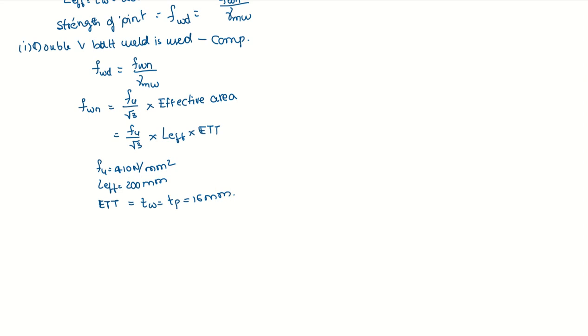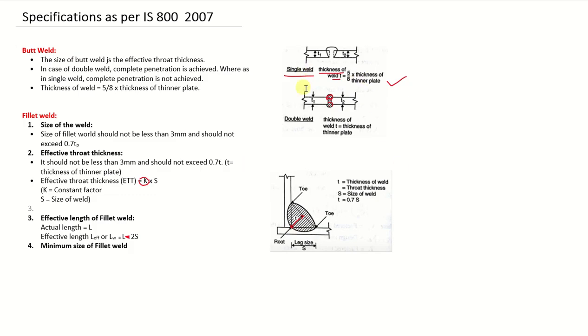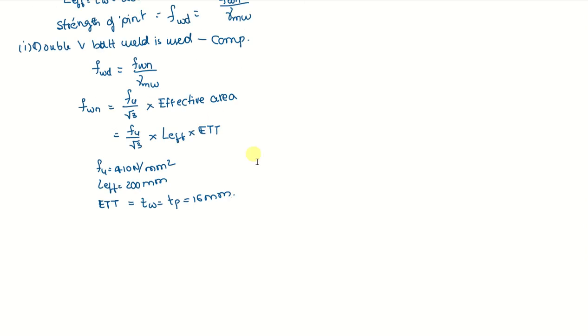I will show you the specifications. Here it is a single weld. The throat thickness is 5 by 8 times the thickness of the thinner plate for a single weld, but for a double weld the thickness is equal to the thickness of the thinner plate. So let us substitute everything we have. Fu is 410 by root 3 into L effective 200 into effective throat thickness 16 mm.